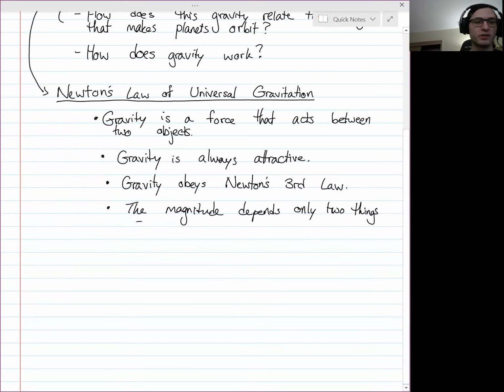The first is the mass of the two objects, meaning it will depend on both the mass of the first object and the mass of the second object, and the distance between the objects.